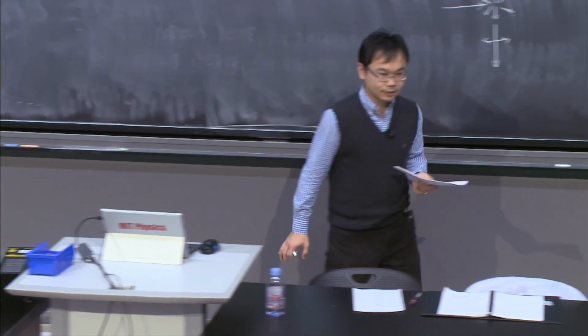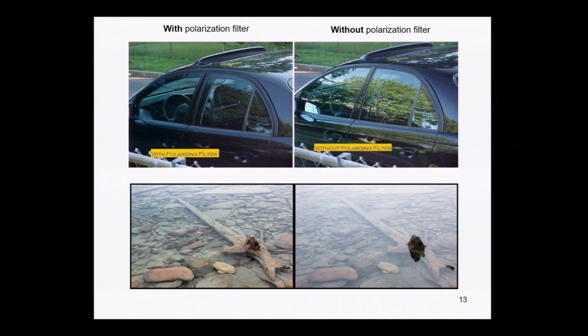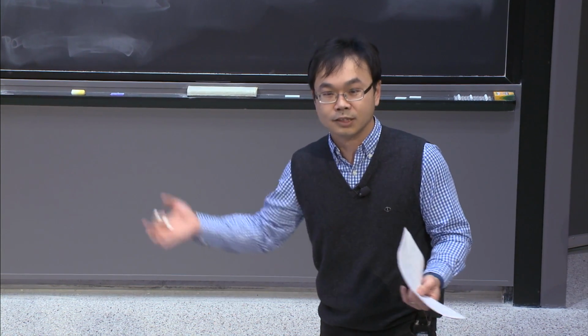The second thing is that, okay, we also found that the polarizer is particularly useful for filtering the reflected light on the window. Okay, and of course we can also use exactly the same technique to filter out the reflected light from the water, for example. And how does this work?